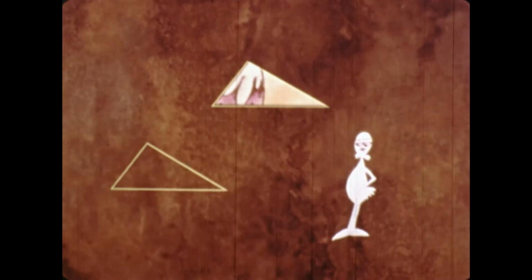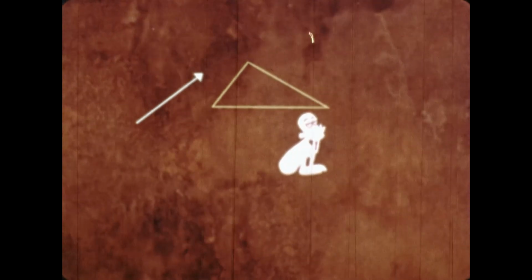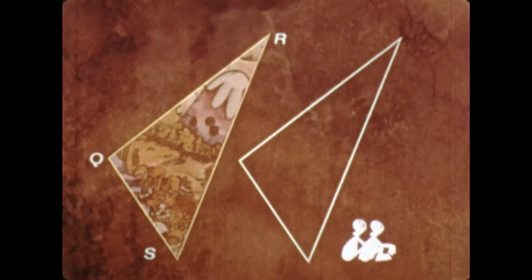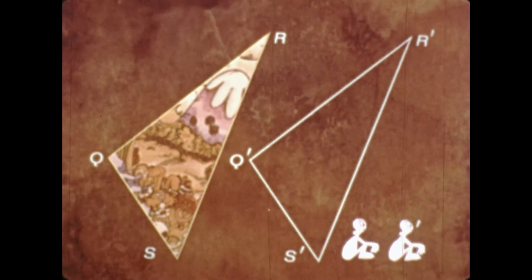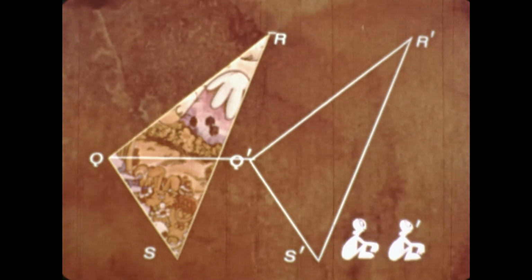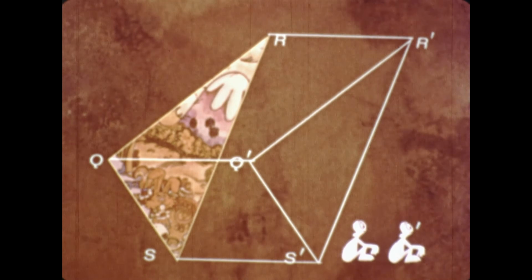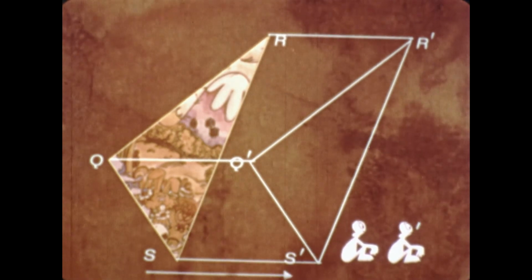When two congruent triangles are located like this on a plane, one of them can be slid into the other. This type of rigid motion is called a translation. Lines drawn between points Q and Q prime, R and R prime, and S and S prime are parallel to the line of translation.